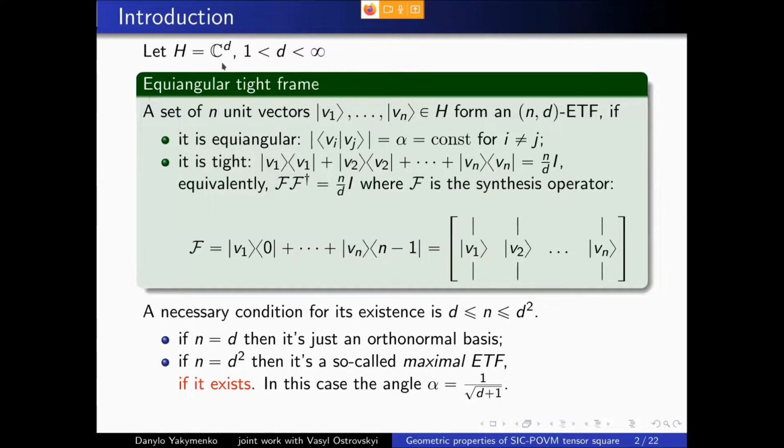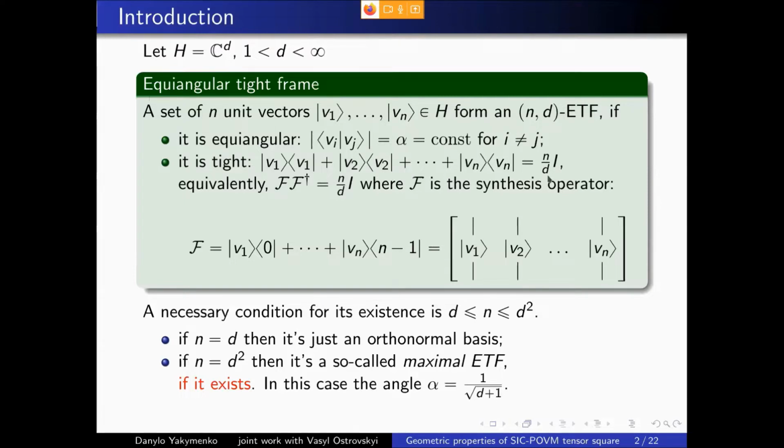We work in a finite-dimensional complex Hilbert space, and there is a notion of equiangular tight frame, right? So it's n unit vectors, and the modulus of inner products are constant, and there is a tight condition, right?